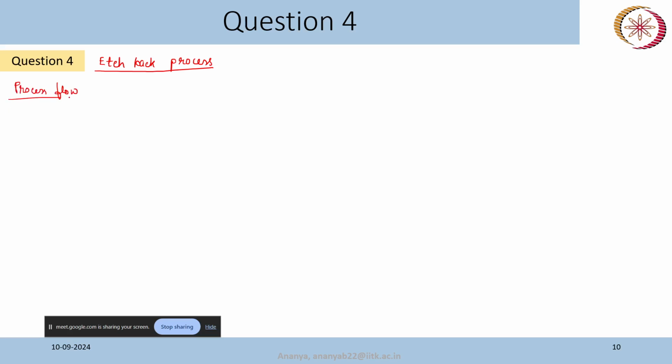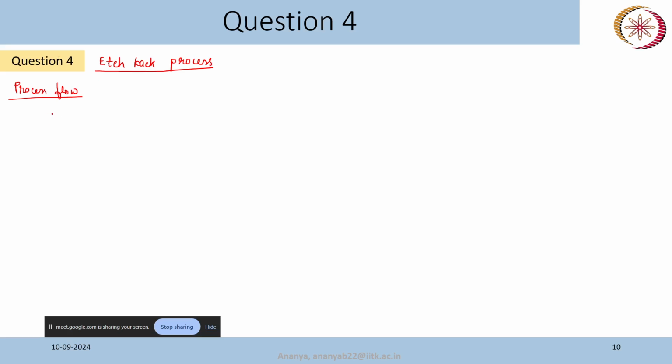When you do a lithography, you make a process flow, so it involves multiple steps. If one goes wrong, you will not get the correct pattern, or you will not get the desired dimensions. Okay, so you make this process flow.